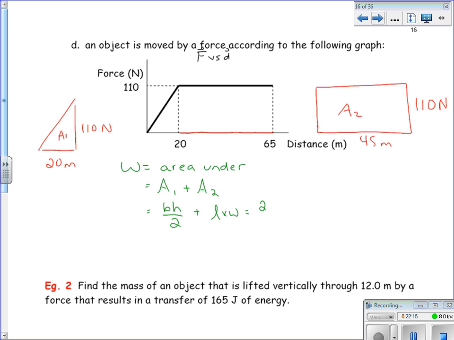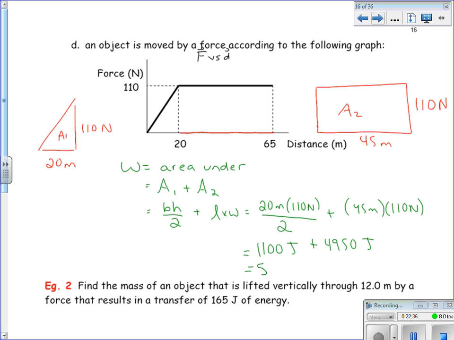So 20 meters times 110 newtons divided by 2 plus 45 meters times 110 newtons, which is 1,100 joules plus 4,950 joules, which we can just write as 6,050 joules, and I won't worry too much about changing that for sig digs.